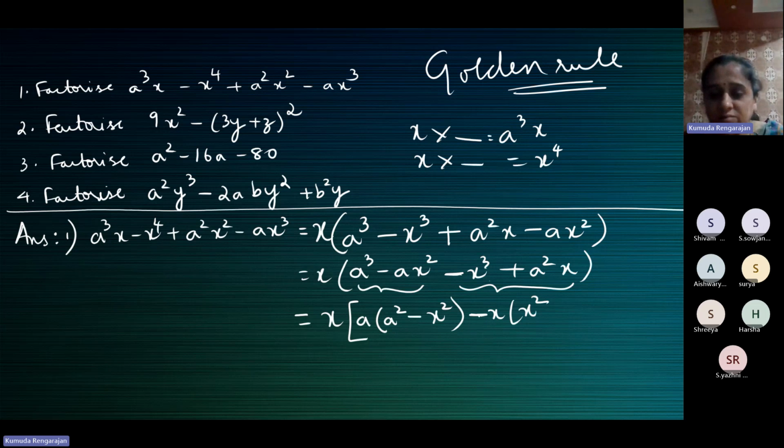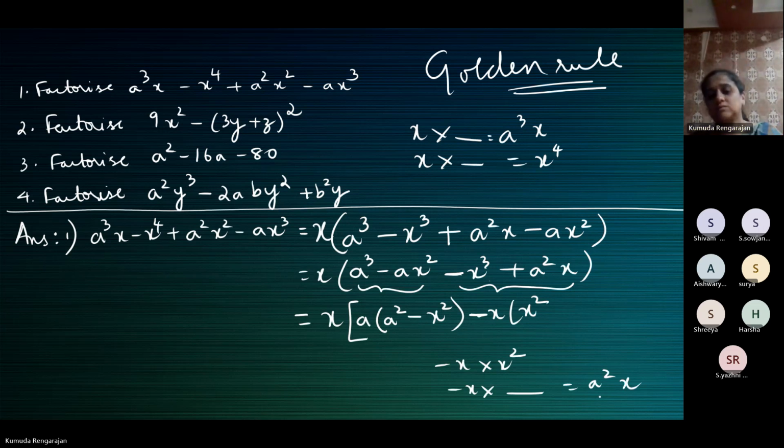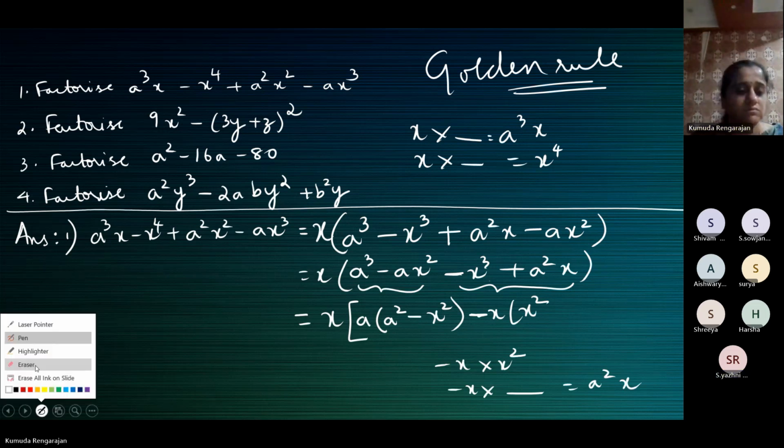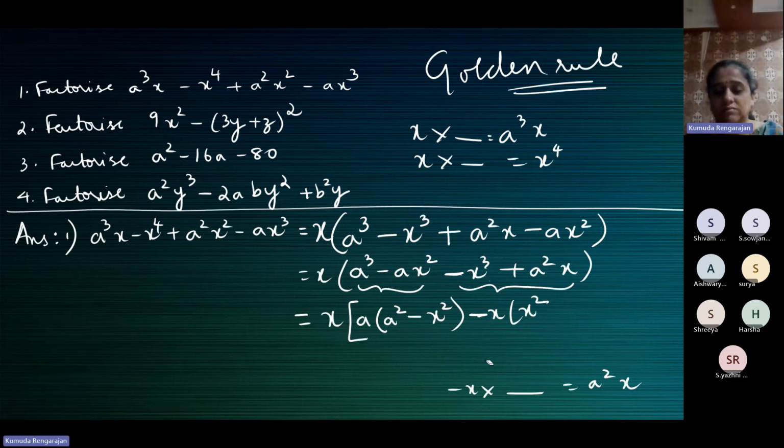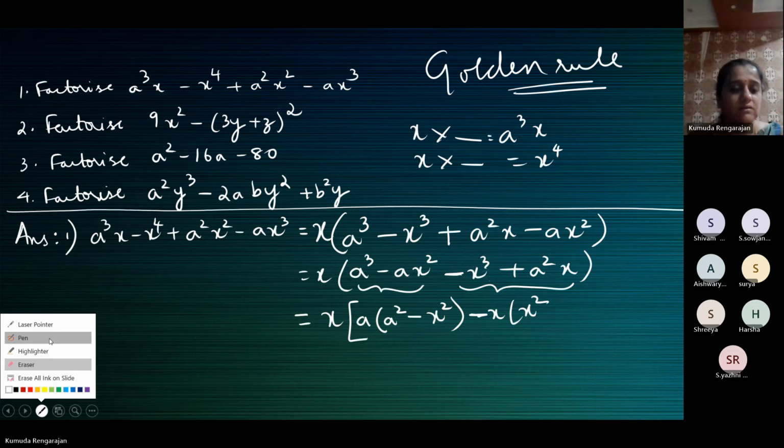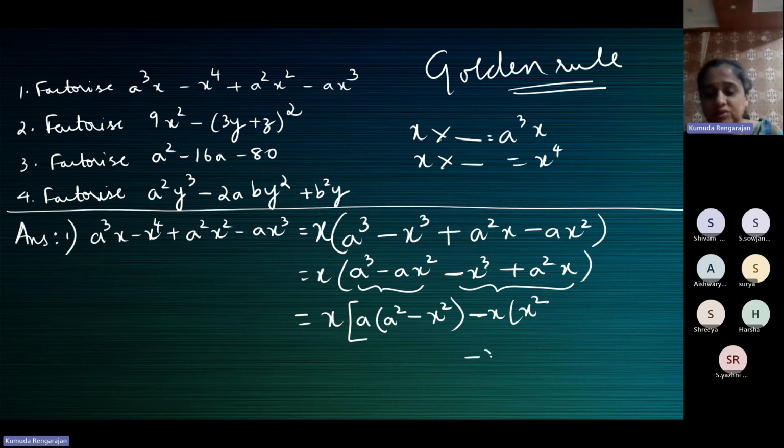Now see, it's minus x into x square, minus x cubed. Now this minus x, which is common, into what will give us the fourth term, a square x?